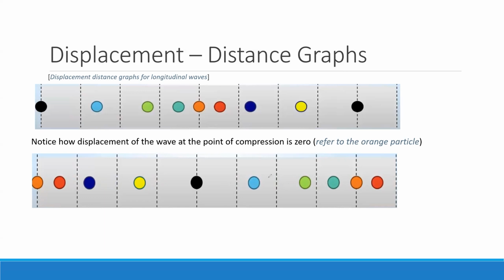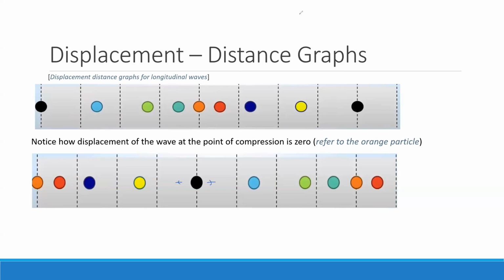However, what's different about the particle on the right and the particle on the left? Who wants to tell me? What's different for rarefaction compared to a compression? Is it that the particles closest to the center of rarefaction go away from it? So if it's to the left, it will have a negative displacement, and if it's to the right, it'll have a positive.